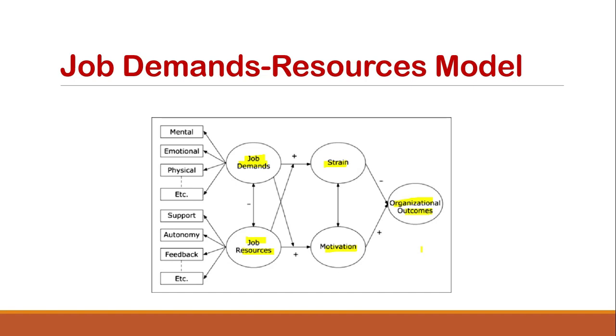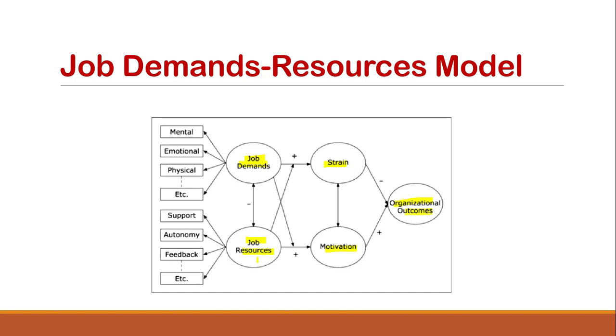It is an occupational stress model which suggests that stress is a response to an imbalance between the demands and the resources that a person has to deal with those demands. So this model puts the working condition of an individual into two categories: job demands and job resources. Demands are physical and emotional stressors in the job roles.